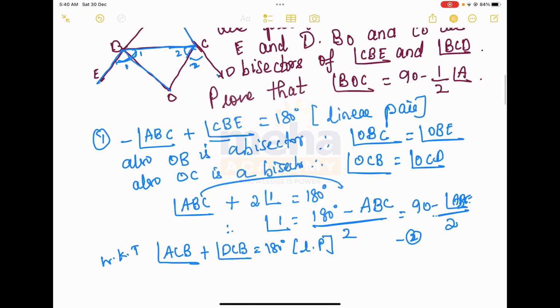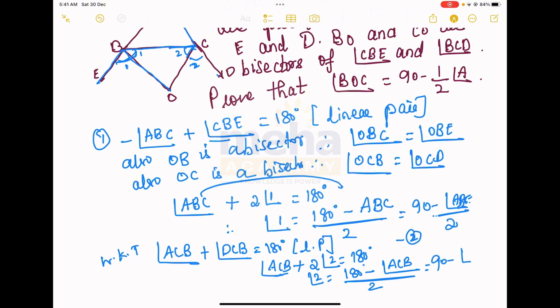So angle ACB plus 2 times angle 2 is equal to 180 degrees. Therefore, angle 2 will be equal to 180 degrees minus angle ACB over 2, so that would be equal to 90 minus angle ACB over 2. Let us consider this equation as 3.